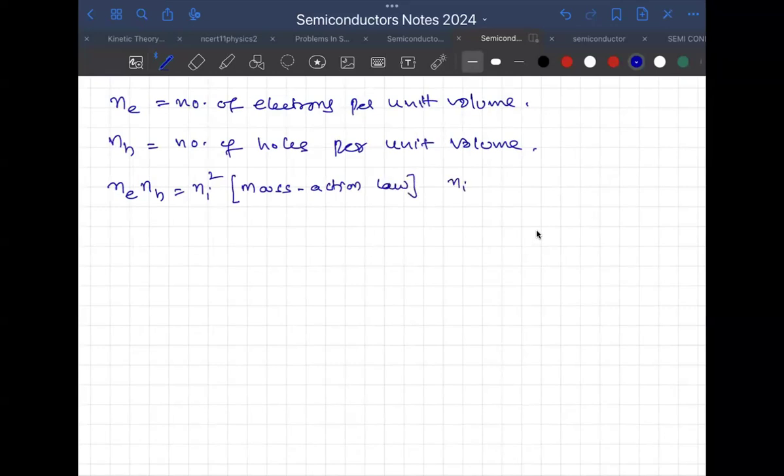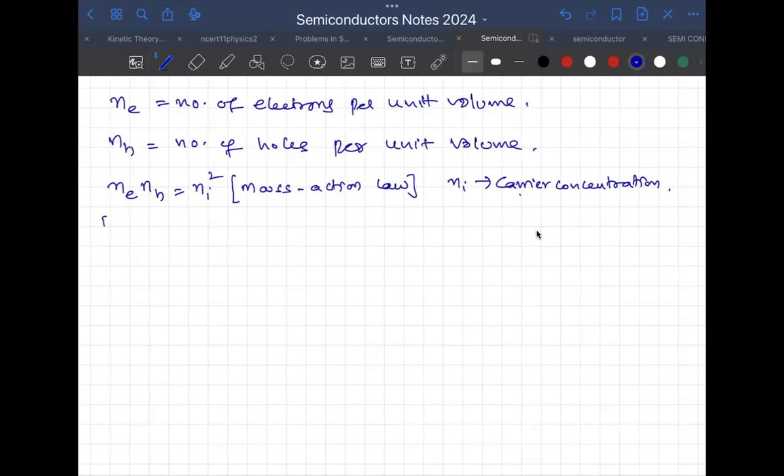Here, Ni refers to carrier concentration. Remember, it is a function of temperature and it depends on the energy gap also.